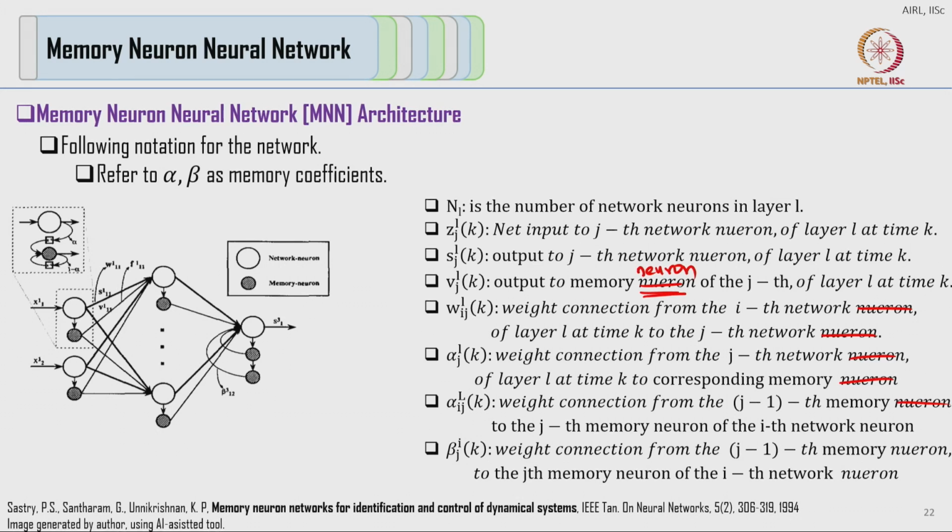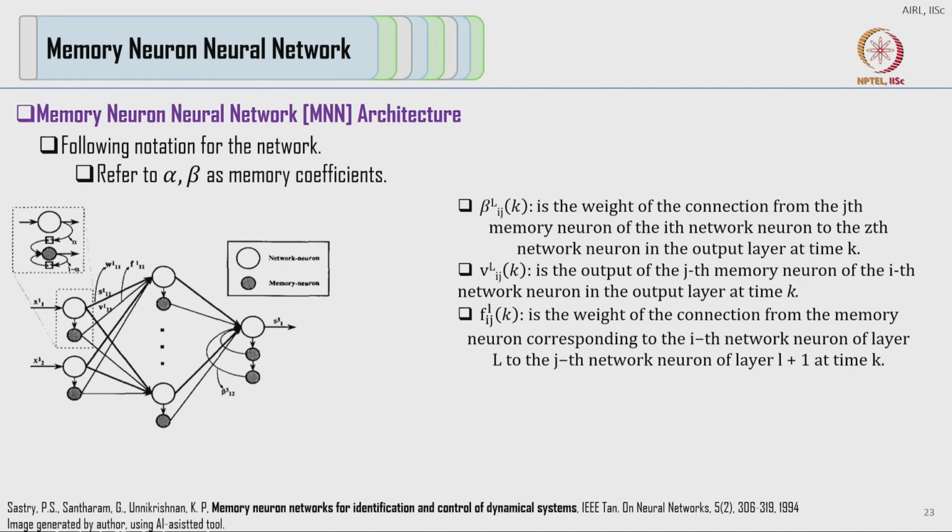Beta j is the weight connecting the memory neuron to the corresponding network neuron. For the last layer L, if there are L neurons, then beta Lj is the Lth memory neuron. Fj is the weight corresponding to the memory neuron of the Lth layer to the network neuron in the L plus 1th layer.